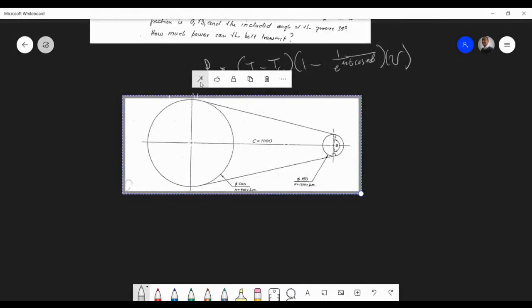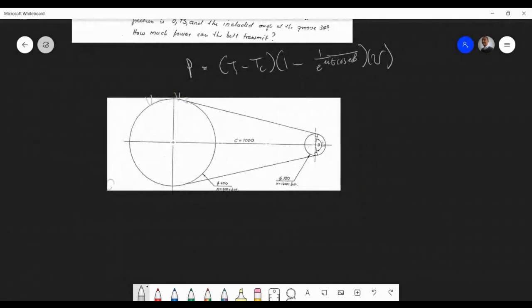We need to find the angle of contact on the smaller pulley. We could find V1 and work backwards, but we know that pi d n over 60, so I'm going to call that n1, d1, and pi d2 n2 over 60. I've done this for you before. That cancels, that cancels, so d1 times n1 equals d2 times n2.